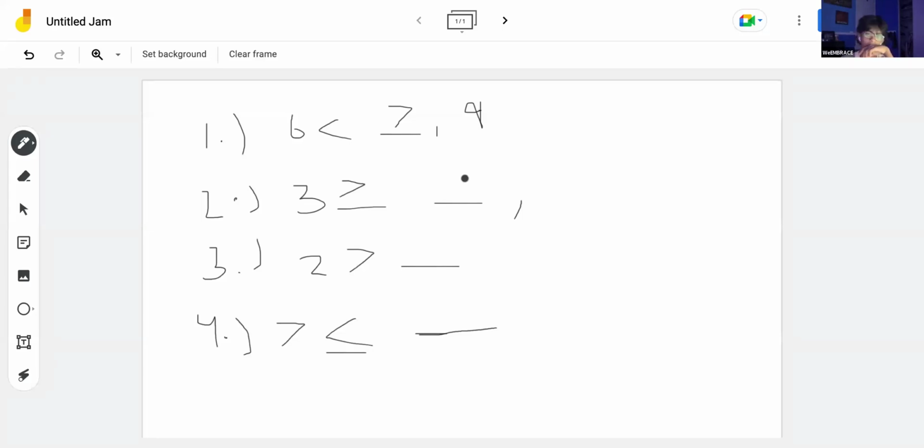4? No, 4 would not be correct, because 3 is greater than or equal to something. It would be 3. That is correct, Sarvesh, because there's an equal to sign.